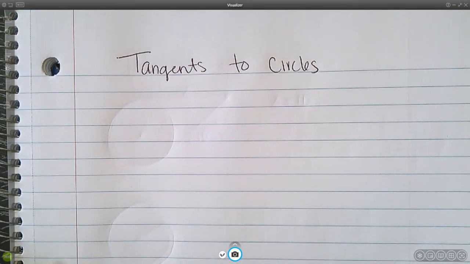Okay, so we are going to look at some notes for tangents to circles. There's two things that you're going to need to know about tangents to circles.